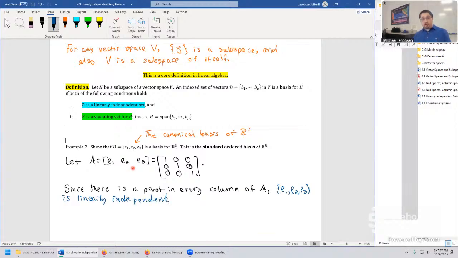And that's a statement in the invertible matrix theorem as well. We have 3 pivots is another way to look into it. And so we have automatic linear independence.